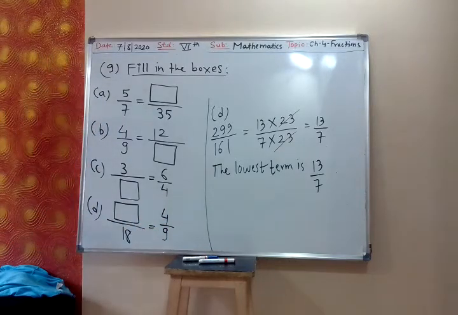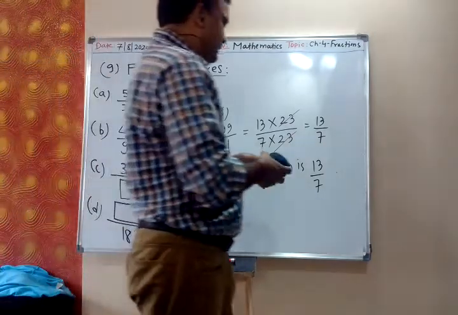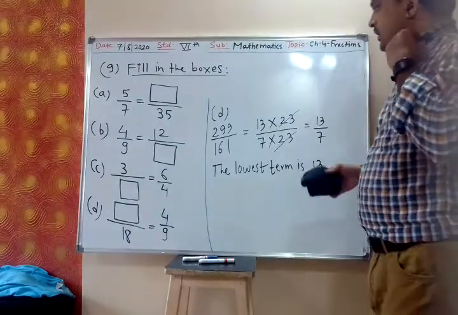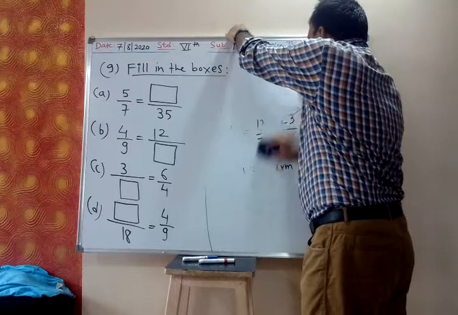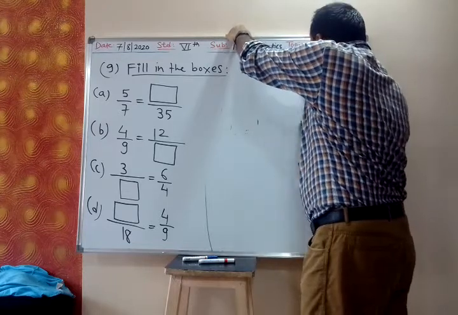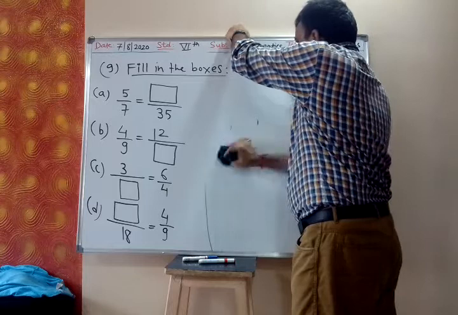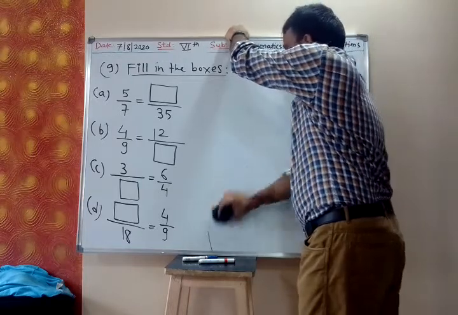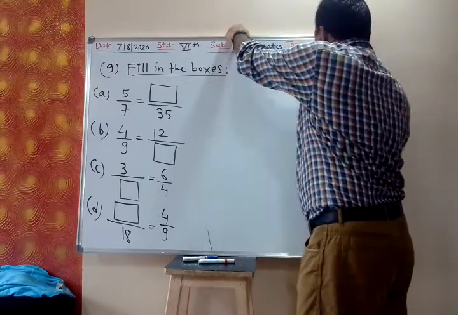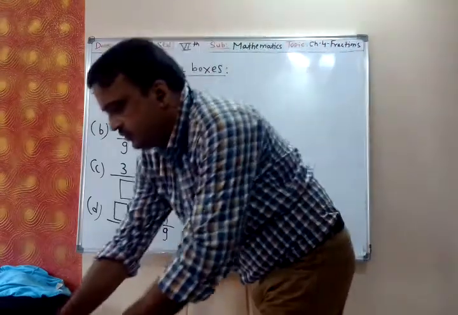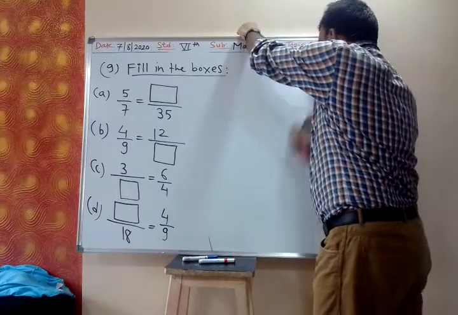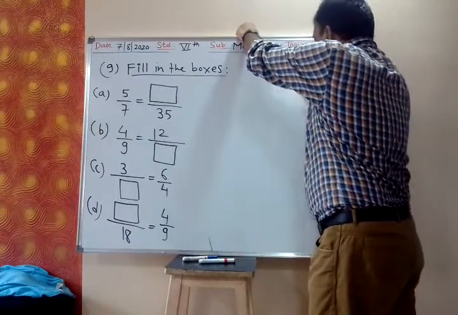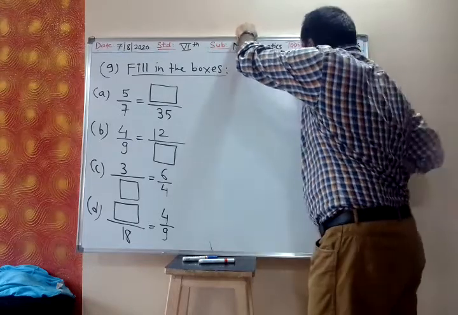So we have to fill the boxes with the appropriate number. 5 upon 7 is equal to blank box upon 35.